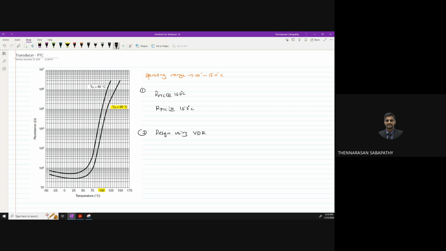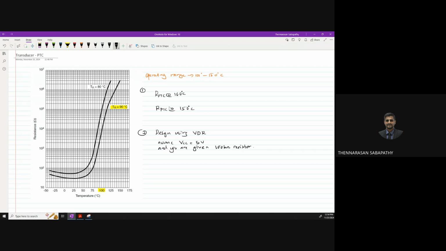You can assume, so that everything is the same, VCC is 5 volts and you are given a 100 kilo ohm resistor.